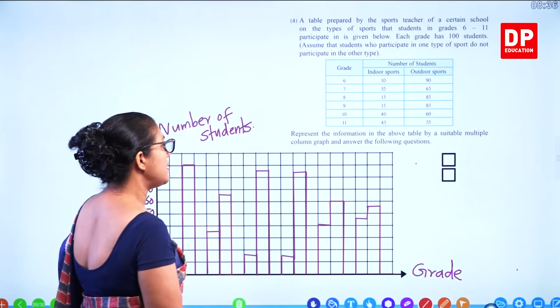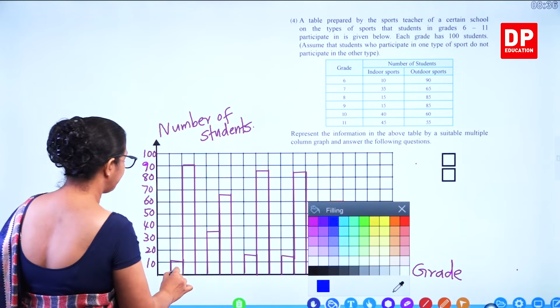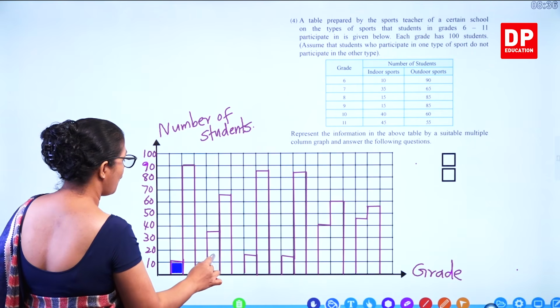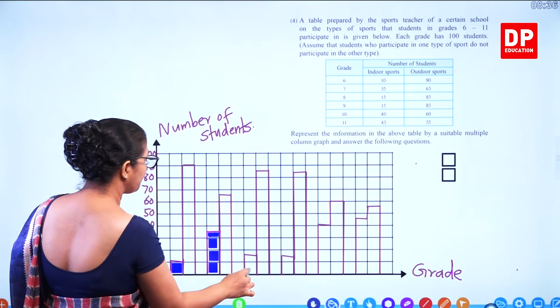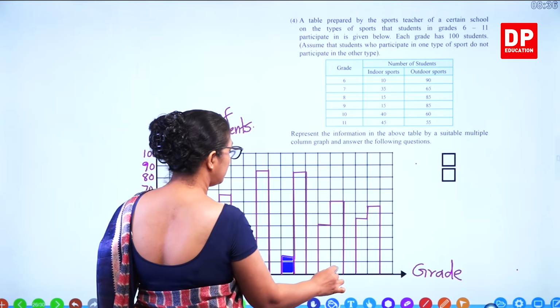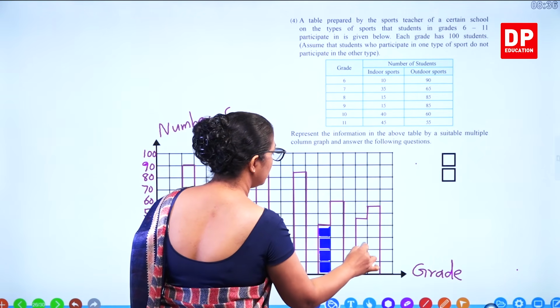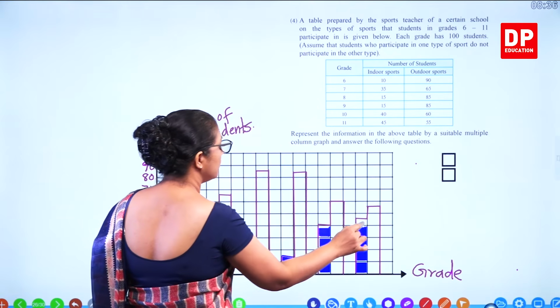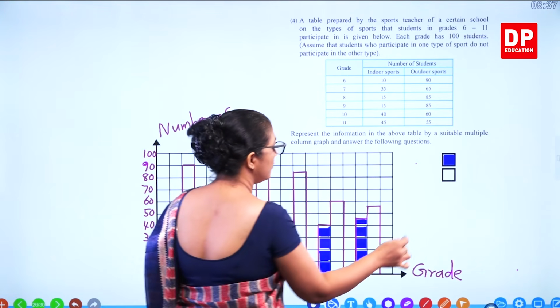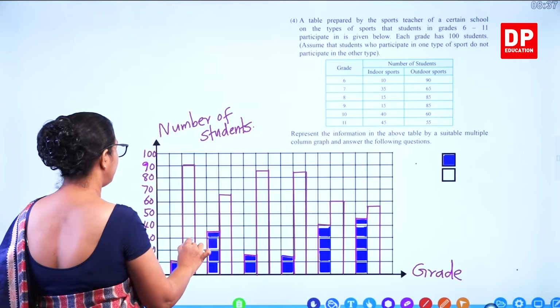Now we'll color this. So we'll take blue color for indoor. And pink color for outdoor.